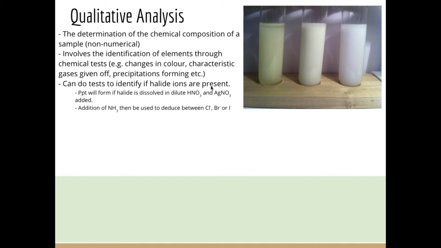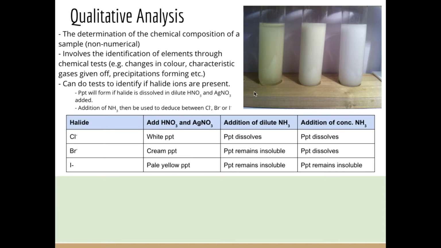which we'll see in just a minute. So we can see here, if we have an unknown halide solution, based on the precipitate that forms when we add nitric acid and silver nitrate, we could potentially identify what halide is present by the following observations. Our chlorides, bromides, and iodides all form a precipitate when we dissolve in nitric acid and add silver nitrate.